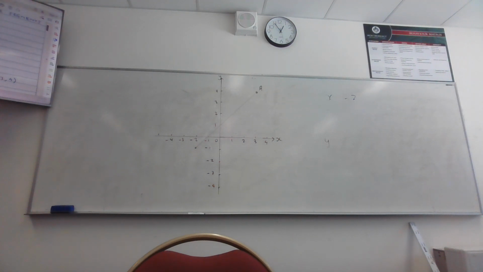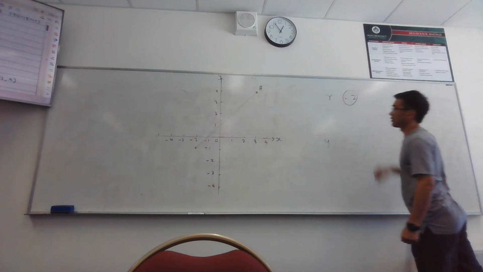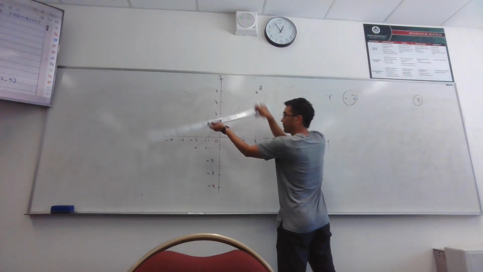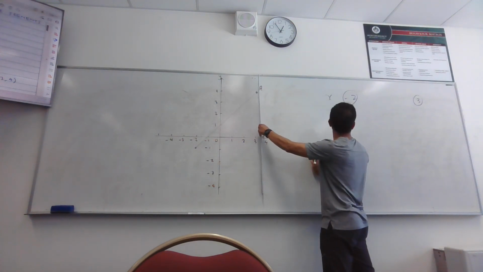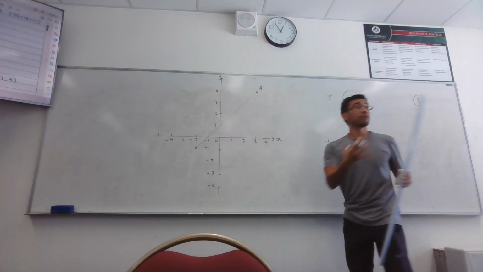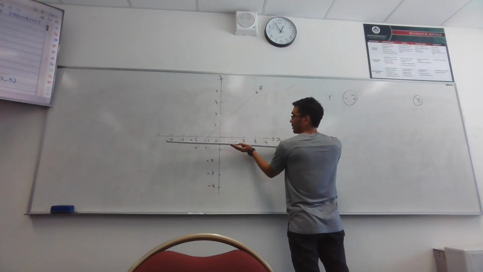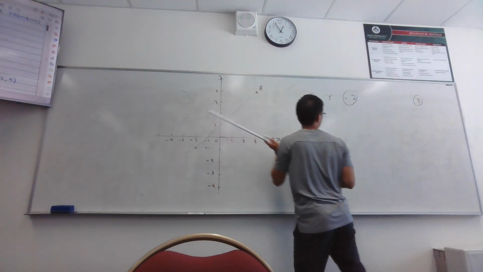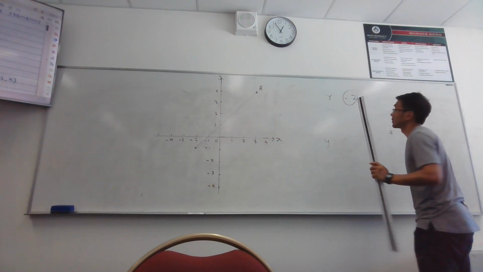If we keep going to the right, where does it stop? 3. So our boundaries are -2 and 3. For the x's, I'm really going from -2 to 3. For the y's, we're really going from level -1 up to 4.